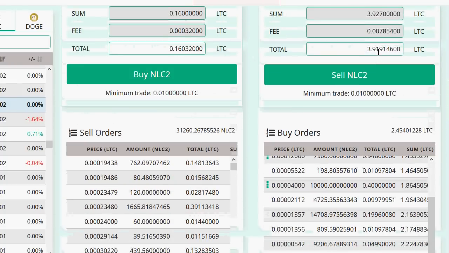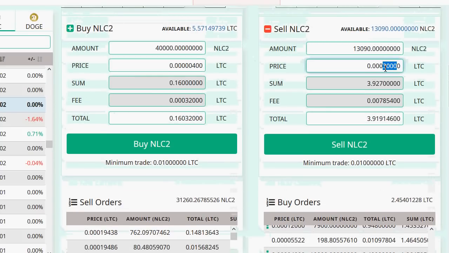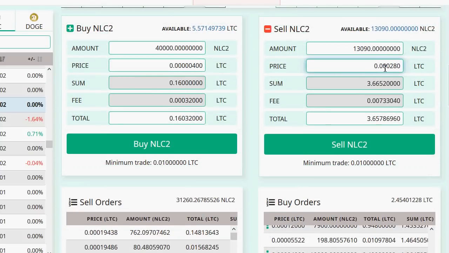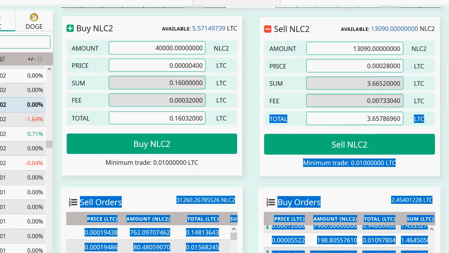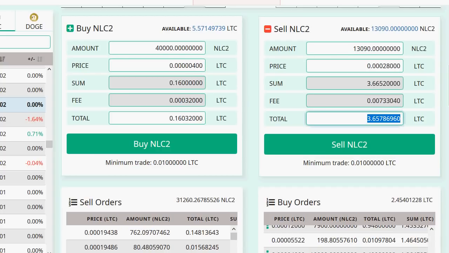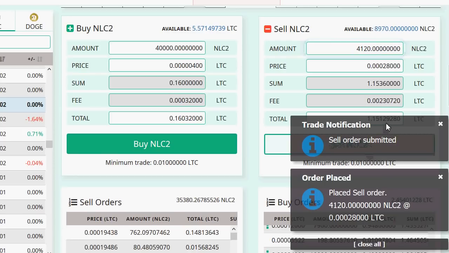So let's just see what 28 would do. That would be 3.65. So that's like 1.15. So I'd be selling about 4,100. So we'll just round it up to 4,120 and put the sell order in.